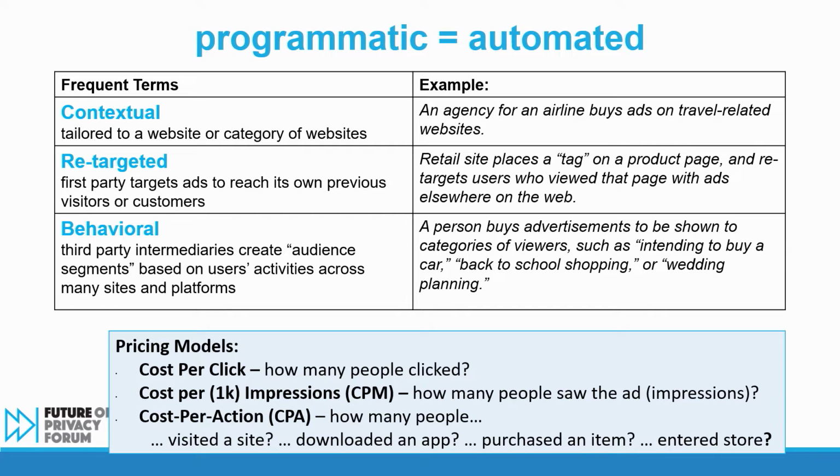And so for an agency that is setting up a campaign for an airline advertiser, they will look for travel-related websites. And they will typically, in real time, automatically scour the landscape to find those contextually relevant websites.